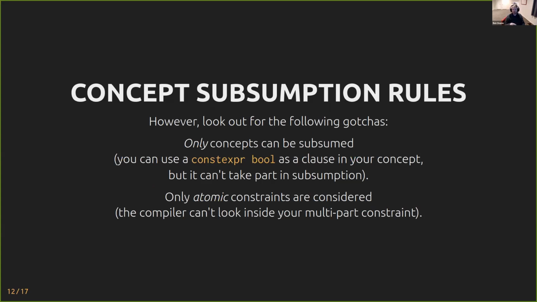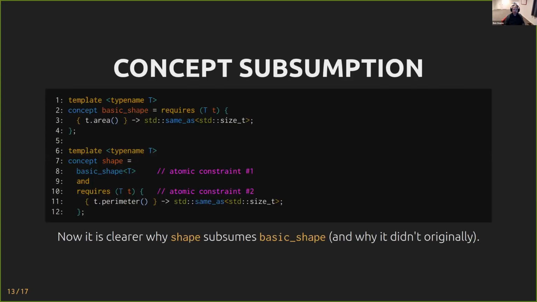And that atomic clause means the compiler basically stops at the level of atomic constraints. So inside that requires with all those multiple parts, that whole thing is atomic, and the compiler can't see inside. So now it's kind of clear why this didn't subsume originally, and in fact, how to write it so it does.